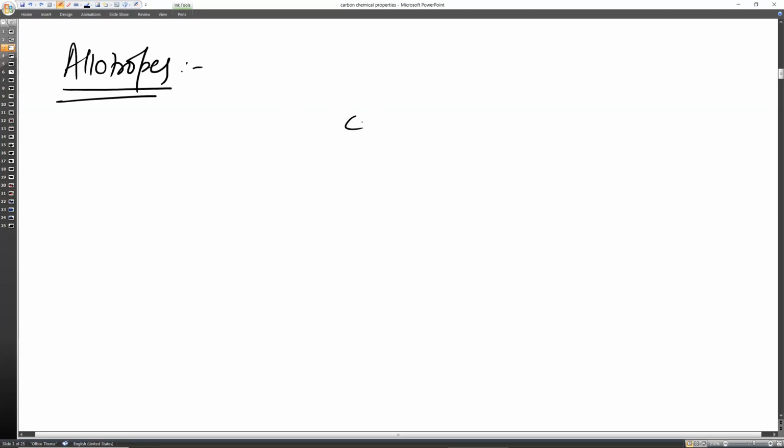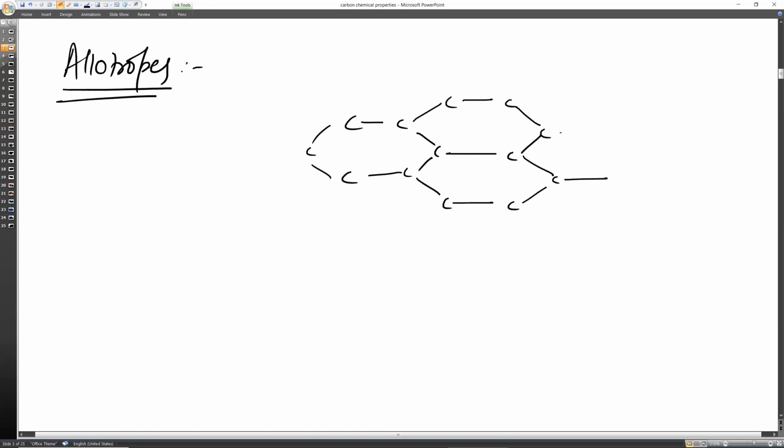Like if I'm talking about graphite, it is the different arrangements of atoms. In graphite, the atoms are arranged in a hexagonal pattern. But in diamond, it is arranged in a tetrahedral structure, like a tripod shape.